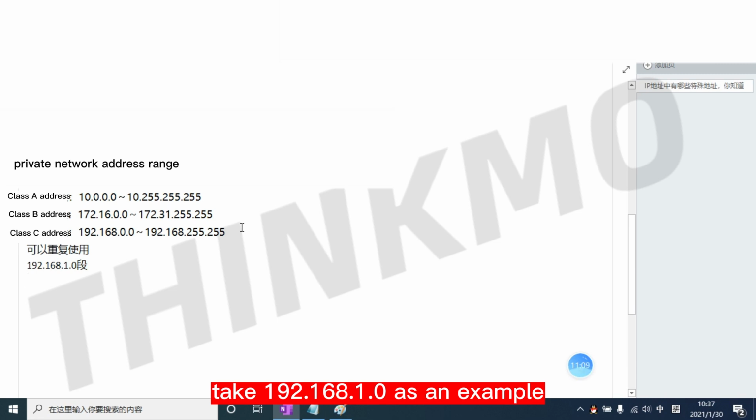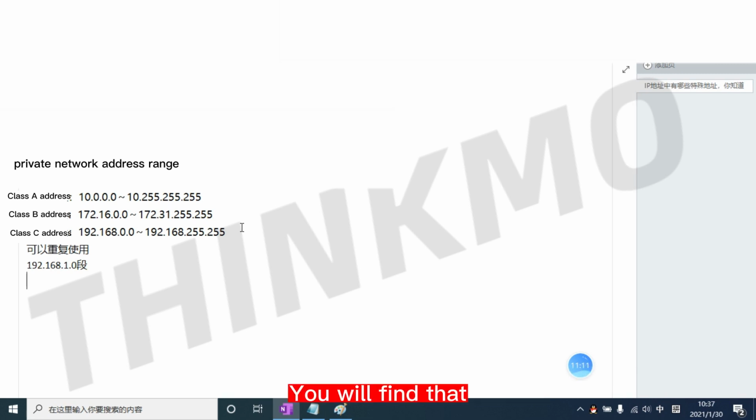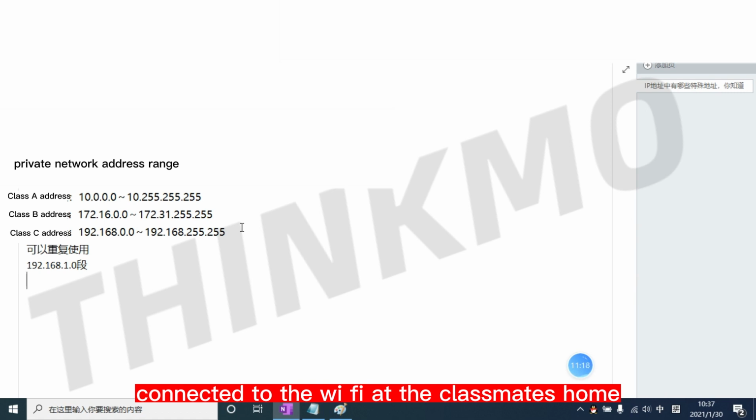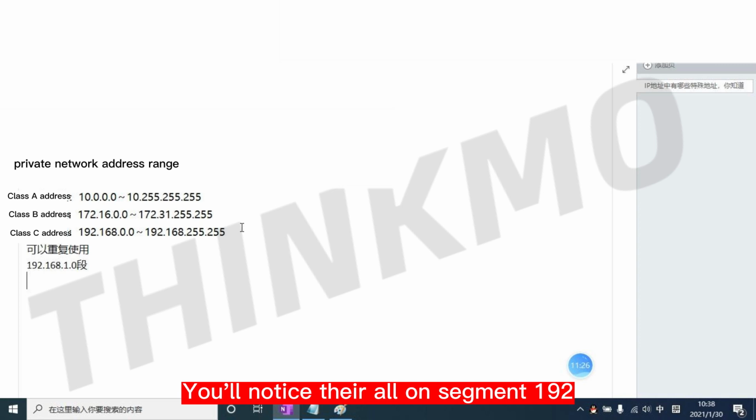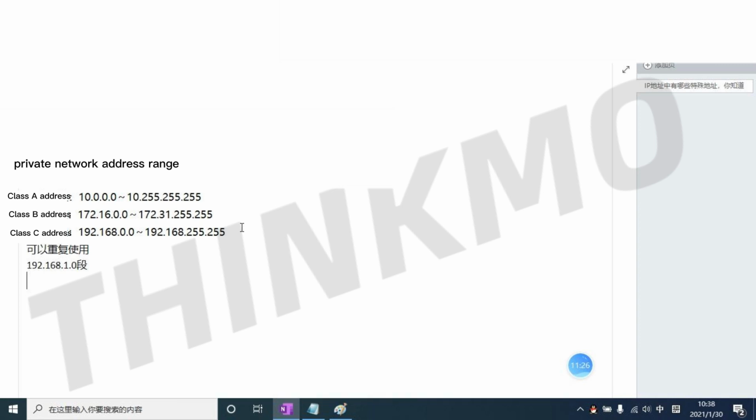Take 192.168.1.0 as an example. You will find that at home the network is also in segment 192. When you connect to the Wi-Fi at a classmate's home, the obtained IP address is also on network segment 192. Or at the company, you'll notice they're all on segment 192. This is the private network.